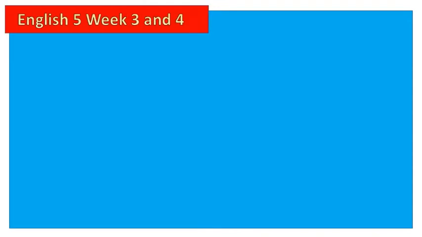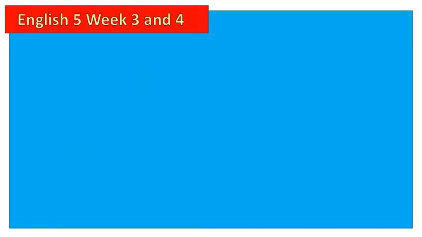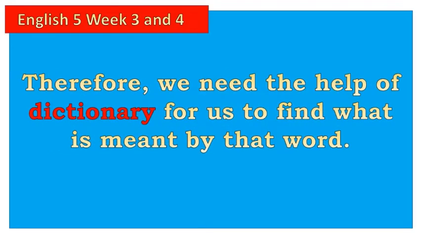What we're going to discuss now covers your English 5, Week 3, and Week 4 of your English modules. When we're reading, we often encounter words that are unfamiliar to us, right? Therefore, we need the help of a dictionary for us to find what is meant by that word.